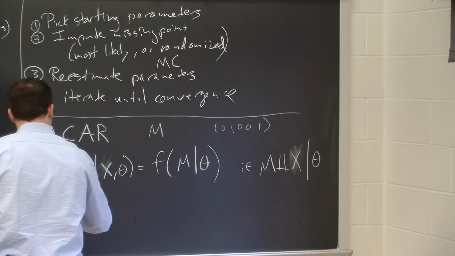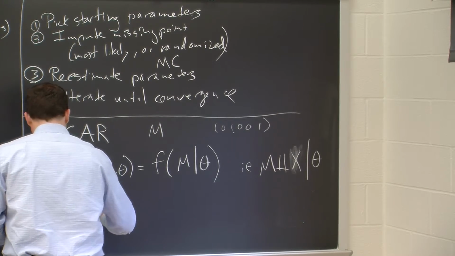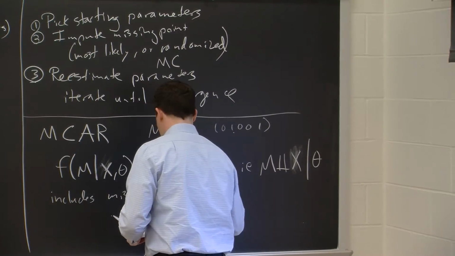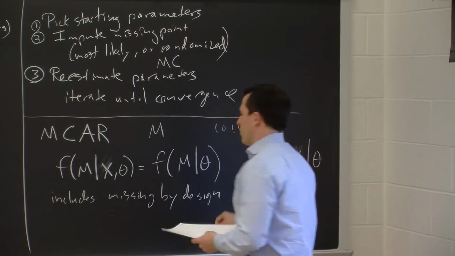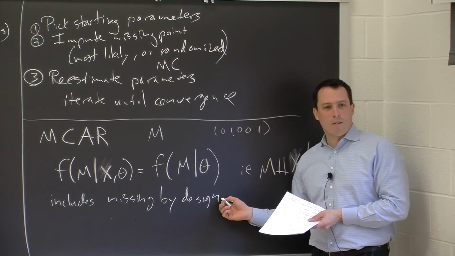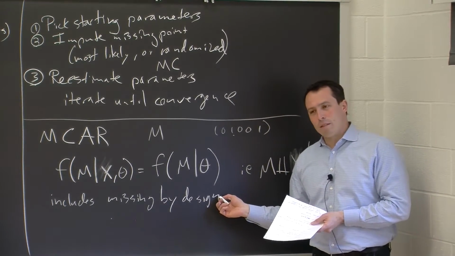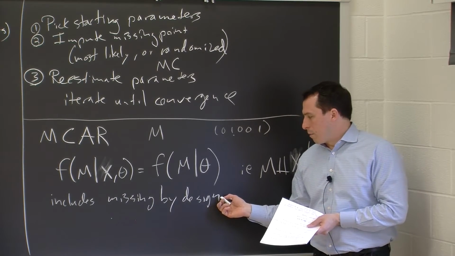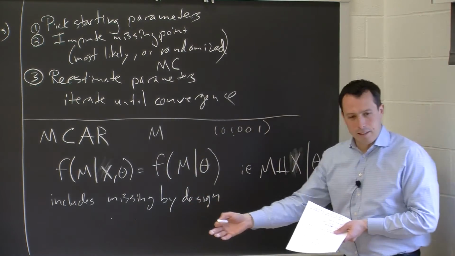And this includes missing by design. So for example, it's too expensive to measure some of the variables, so I randomly choose a subsample of my whole sample and get the data that's expensive to get.